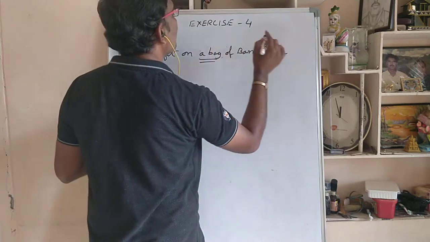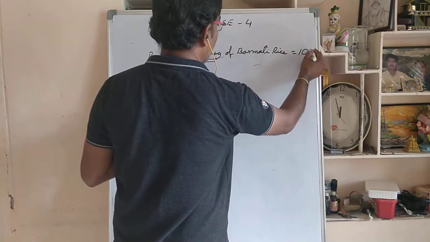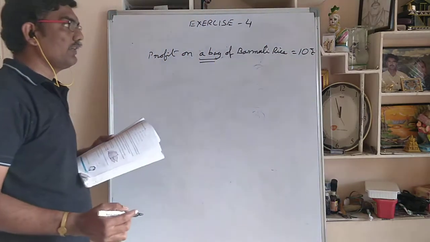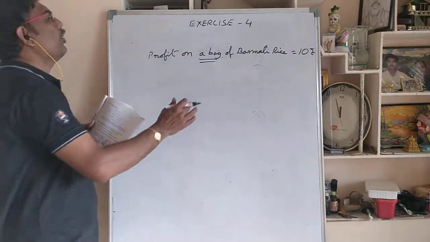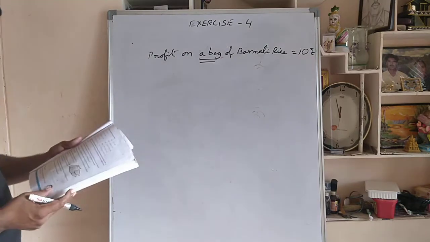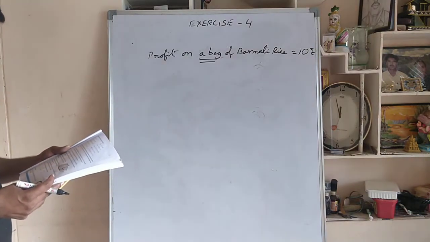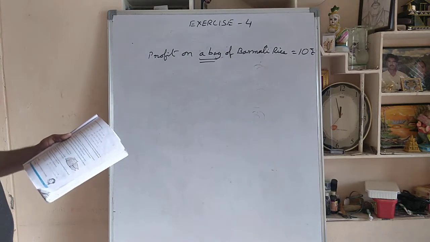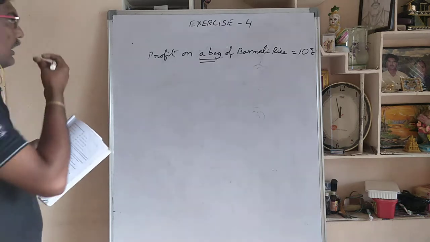A bag means 1 bag. For 1 bag, how much profit is there here? 10 rupees profit is there. So, how many bags of basmati rice were sold by the merchant? 3000 bags of basmati rice sold.